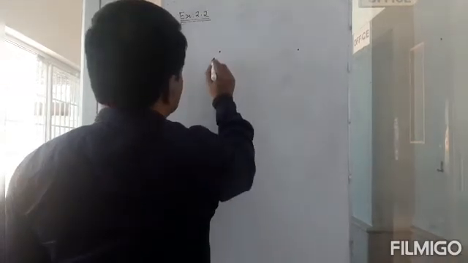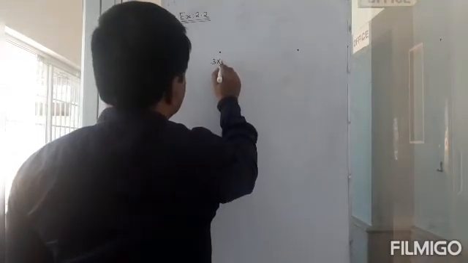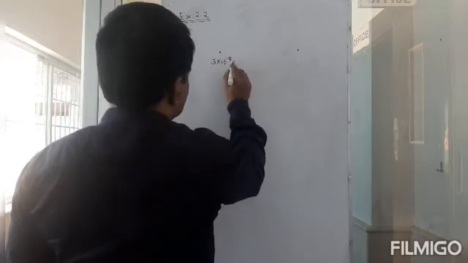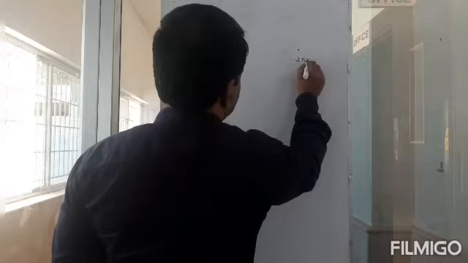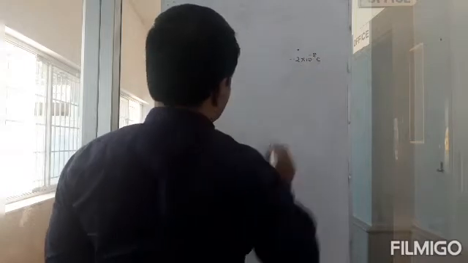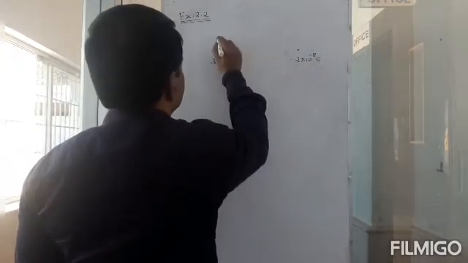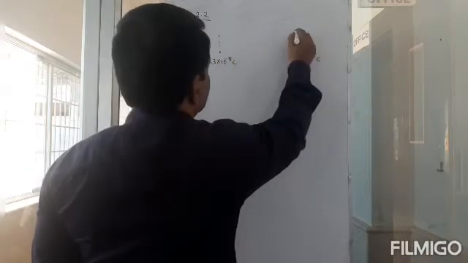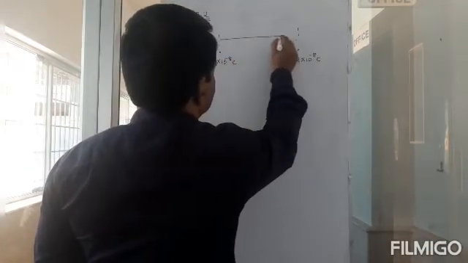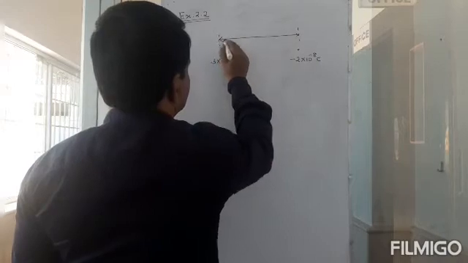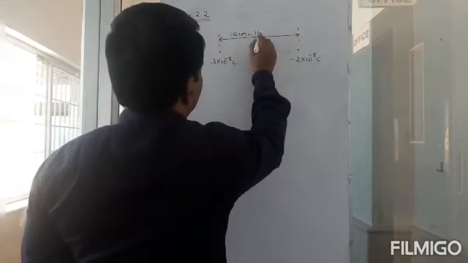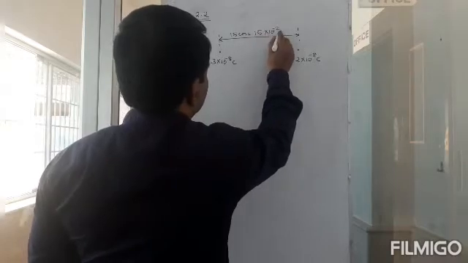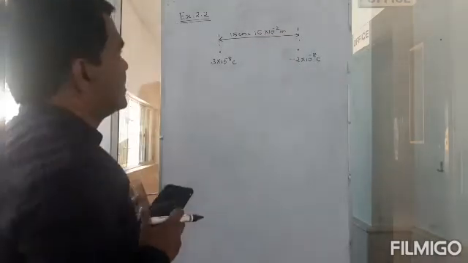This is 3 × 10^-8 coulomb, and this is -2 × 10^-8 coulomb. And the distance between those two charges is 15 centimeters, which is 15 × 10^-2 meters. So that's the distance.